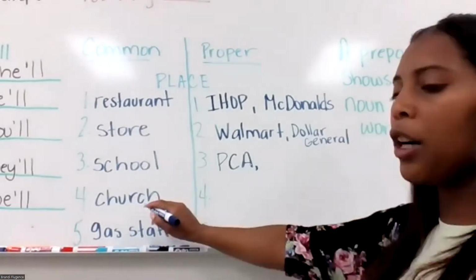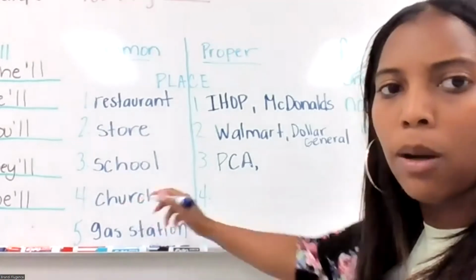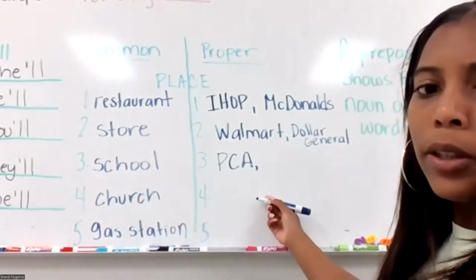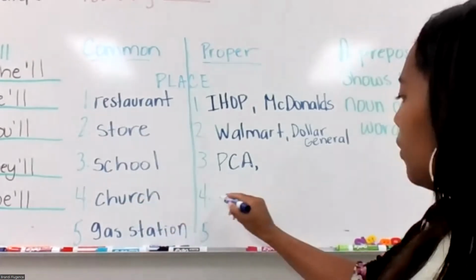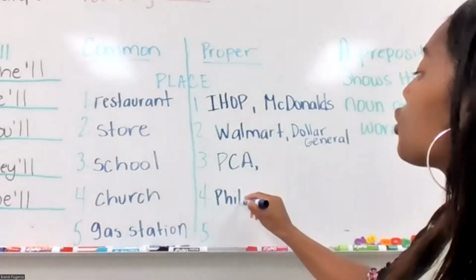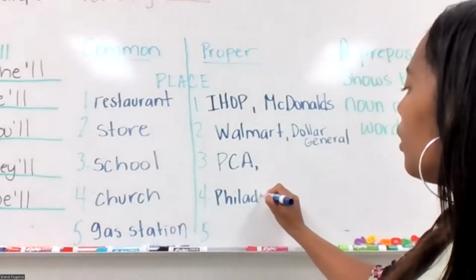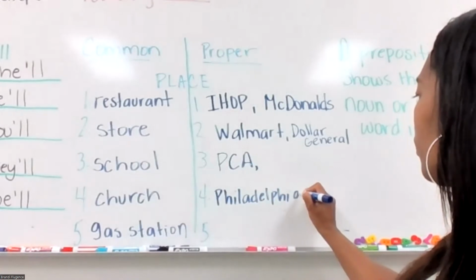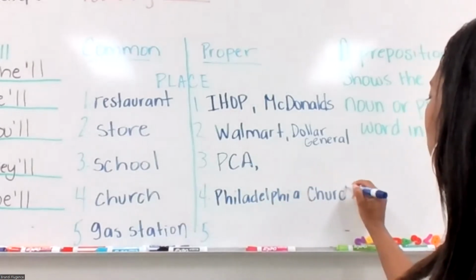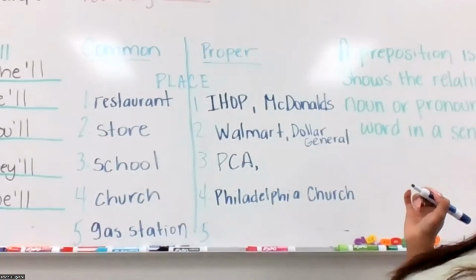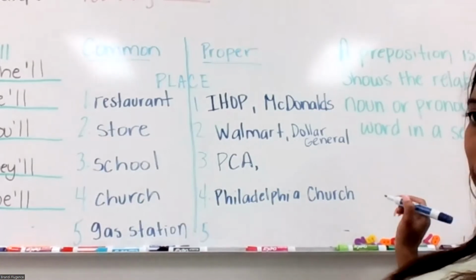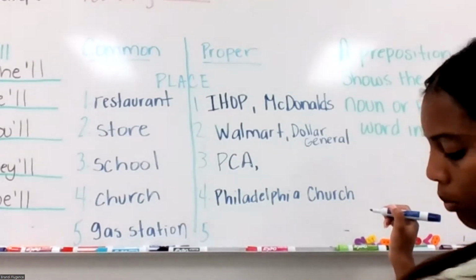Okay, next we have church. There are so many churches, but what would be the proper noun name of a church? Philadelphia Christian Church. When you give it its actual name, it's a proper noun.